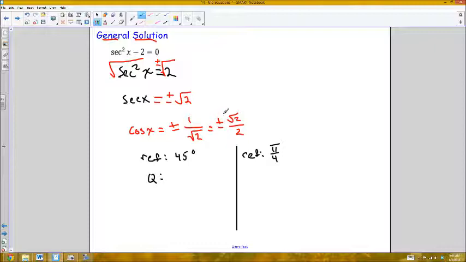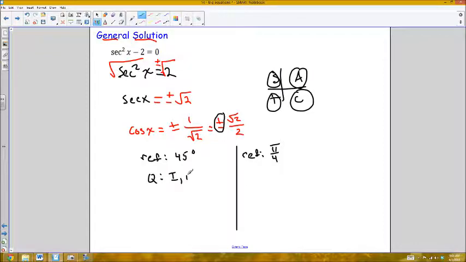Now, notice that cosine is positive or negative. Well, that really accounts for all 4 quadrants. It's positive in 1 and 4, and it's negative in 2 and 3. So I have to do all 4 quadrants, 1, 2, 3, and 4.